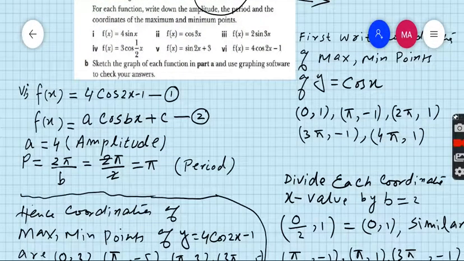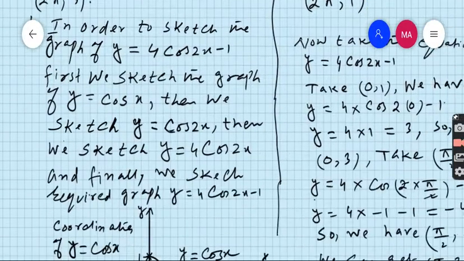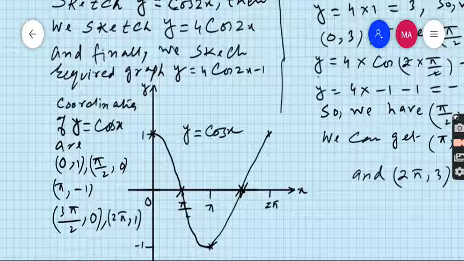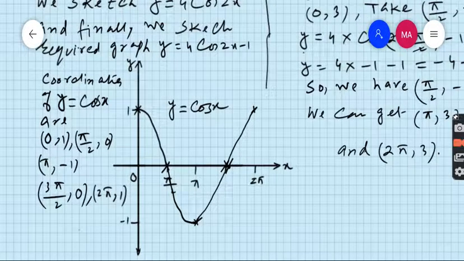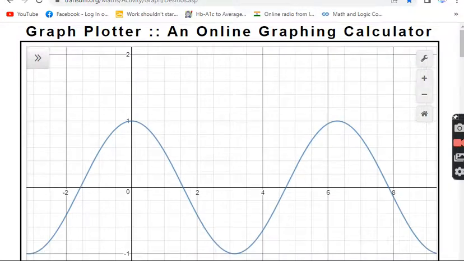Our graph is almost the same. See this, from 0 to 2 pi.